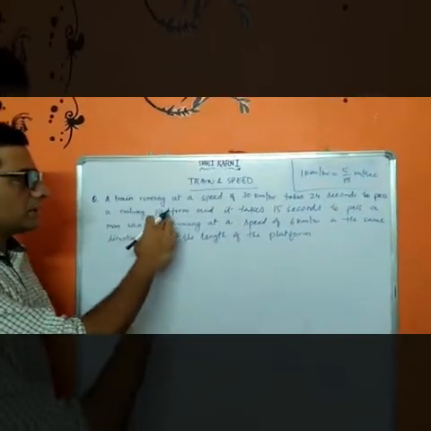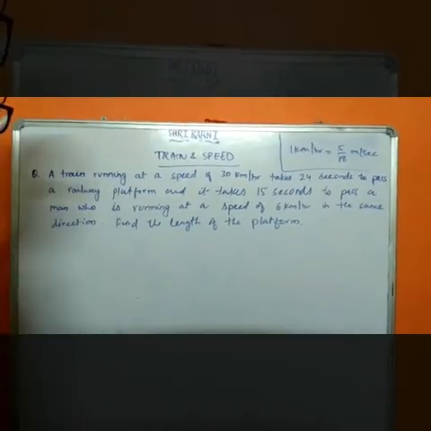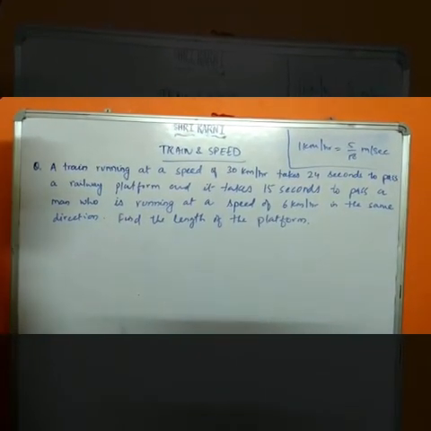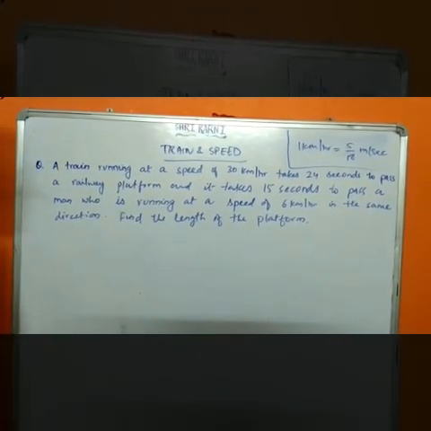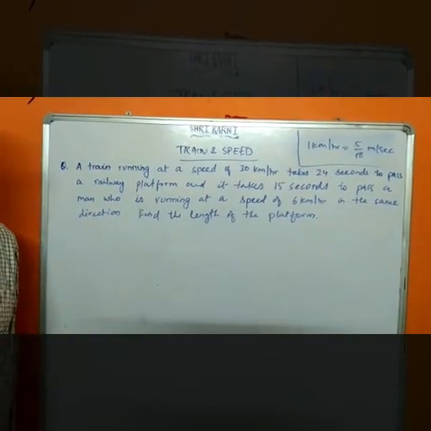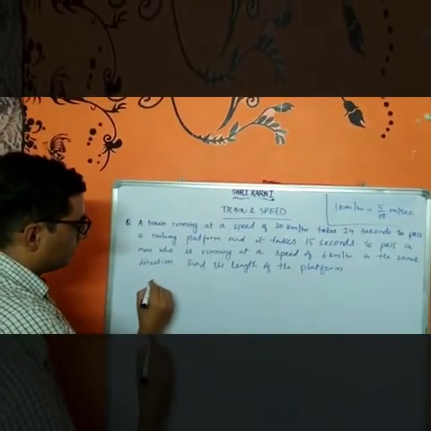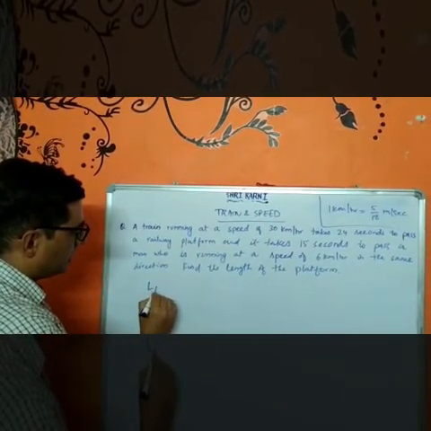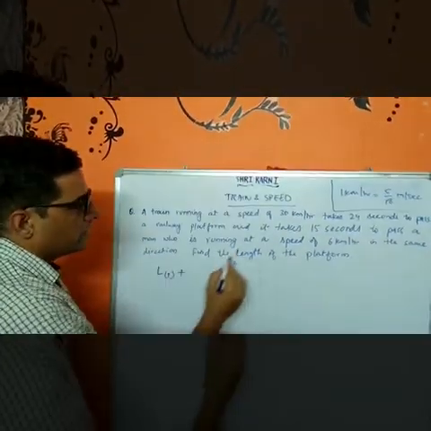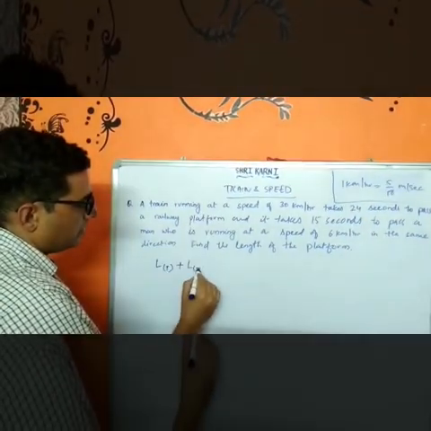See, a train running at a speed of 30 km per hour takes 24 seconds to pass a railway platform, and it takes 15 seconds to pass a man who is running at a speed of 6 km per hour in the same direction. Find the length of the platform. So in the first case, we have the length of the train LT plus, suppose the length of the platform is LP.